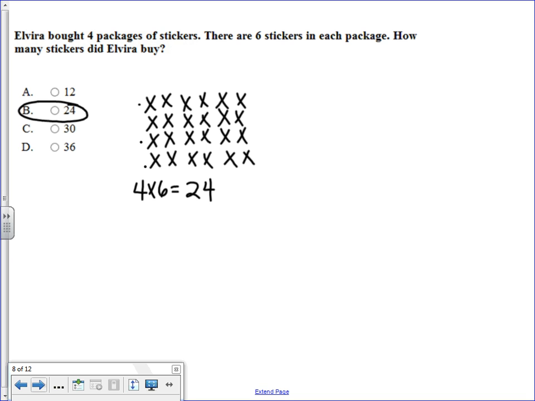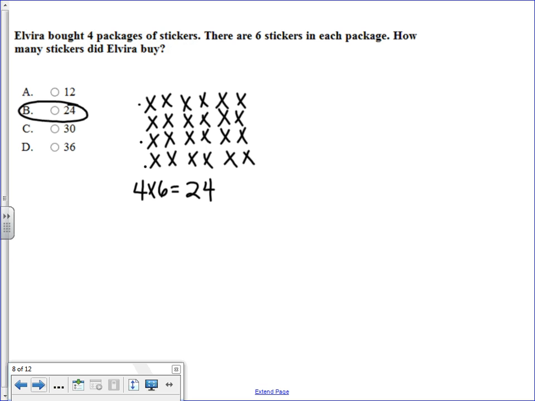John? Wonderful. Tell me how you did that. Okay. So John chose to use the distributive property.